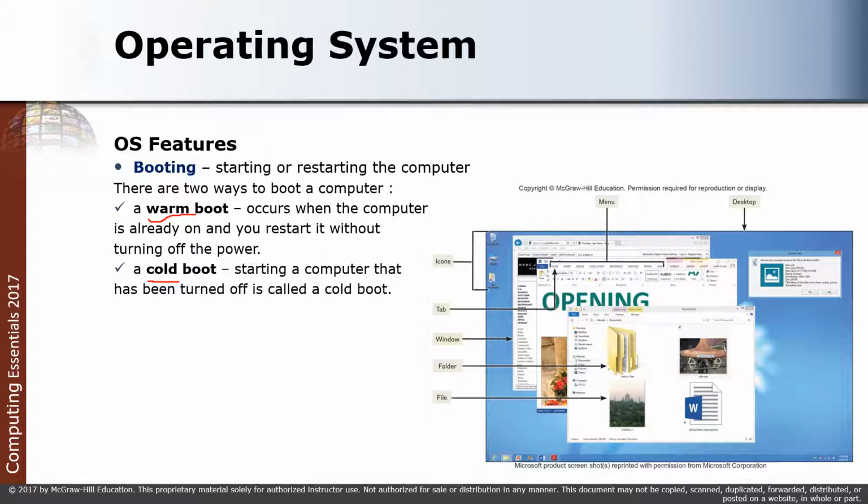So we refer to that action as warm boot. Your computer is already warm because you already switched it on, so you can feel the heat on your computer. So you are restarting the computer. That is warm boot. Cold boot, you are starting a computer from the state whereby it is turned off.